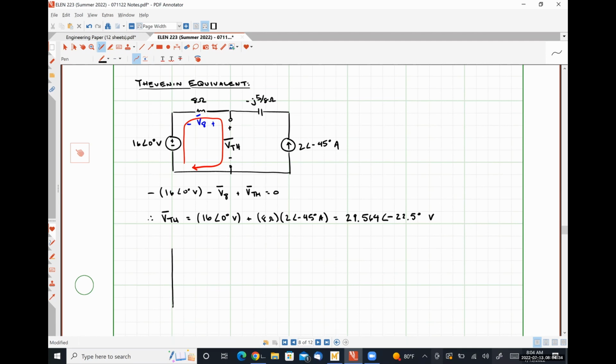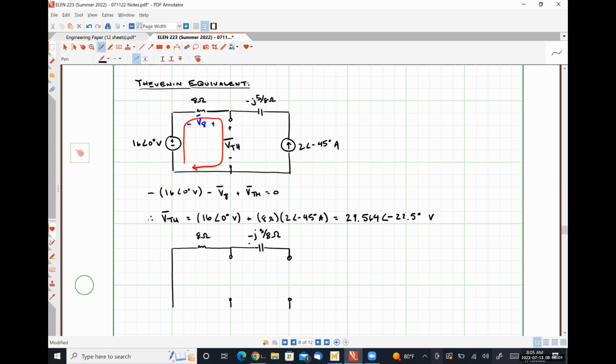Our Thevenin equivalent resistance from the perspective of our inductor is found by looking at our dead network. So our voltage source is turned off. Here's our terminals we're going to be looking into. Minus J, sorry, 5/8 of an ohm.